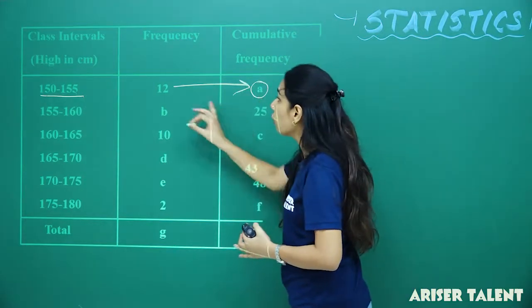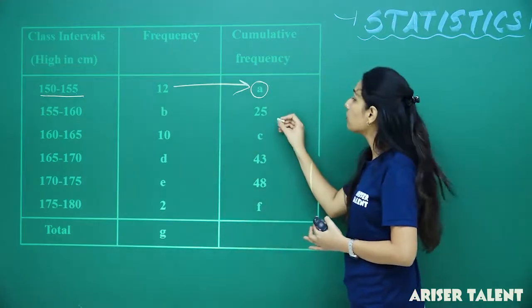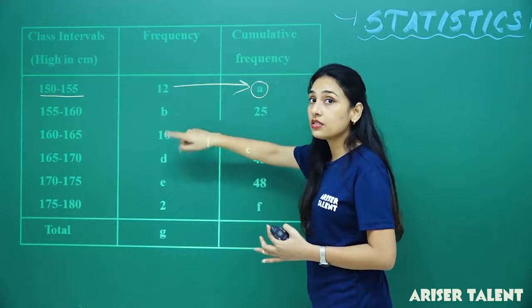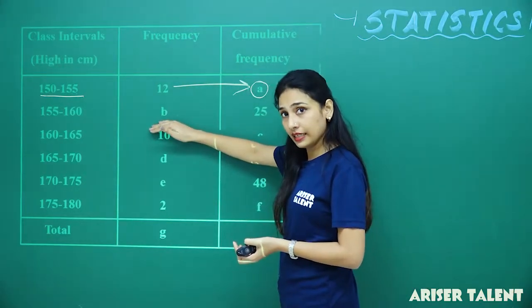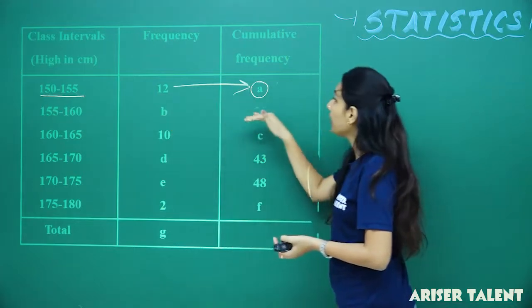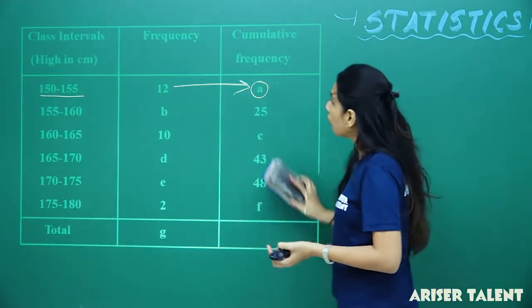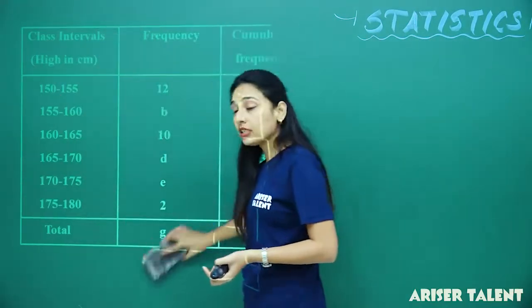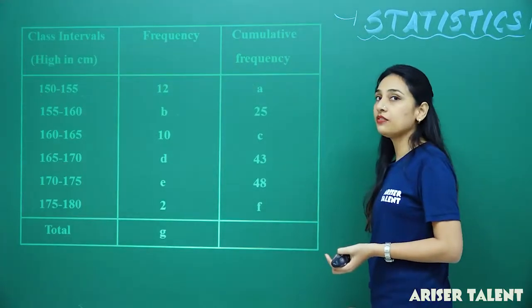Now for this, what will we write? The summation of this plus this will be equal to this, or you may say the frequency till here will be the cumulative frequency here. Okay, got it? So what we have to do is make equations as given in this table and we will find the values of A, B, C, D, E, F, G.